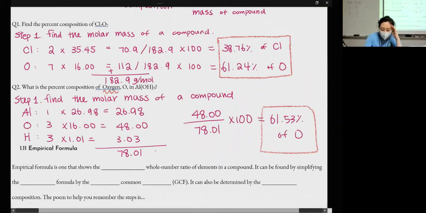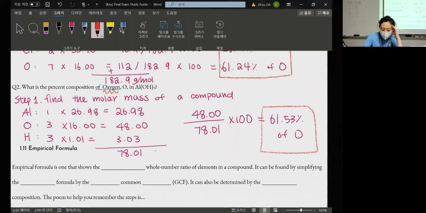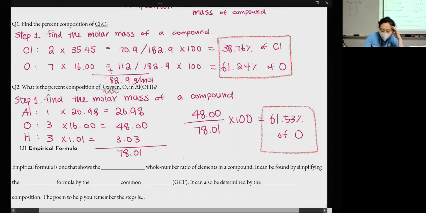And I only picked the oxygen's mass, which was 48.00. So 48.00 divided by 78.01 times 100 gave me 61.53% of oxygen. So that would be the percent composition of oxygen, O, in AlOH3.